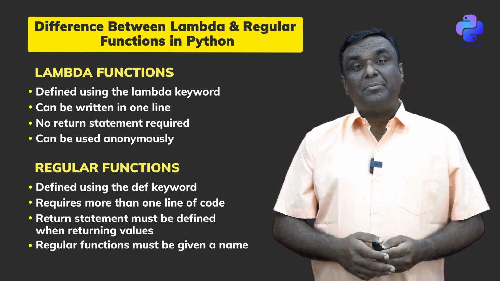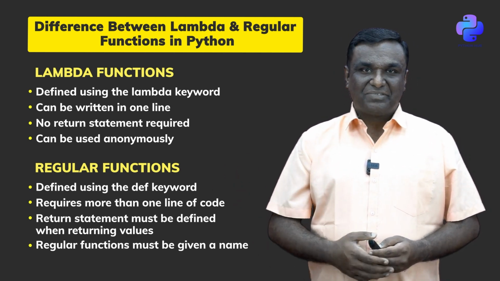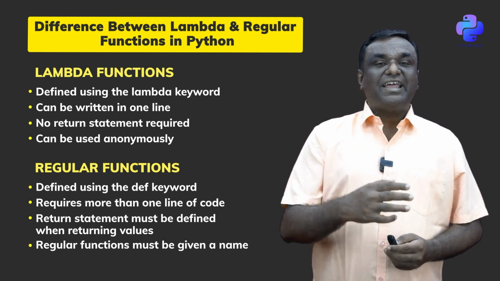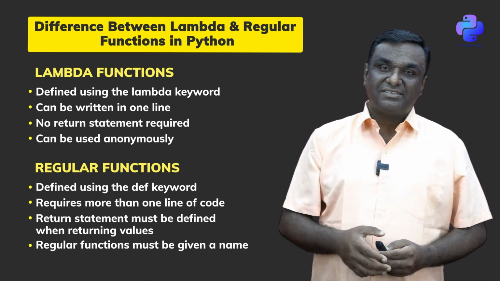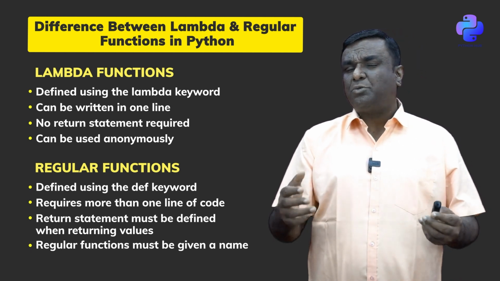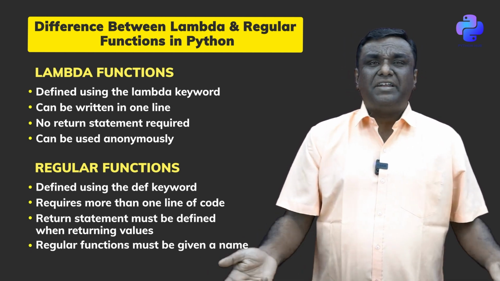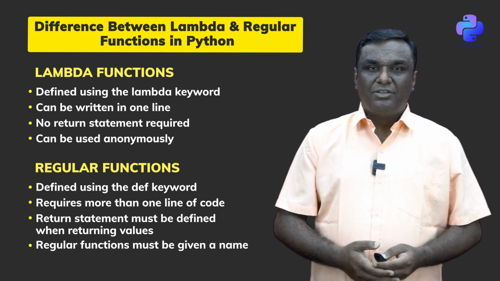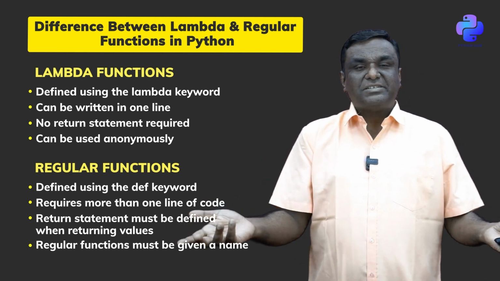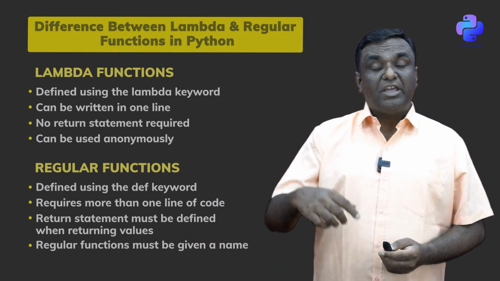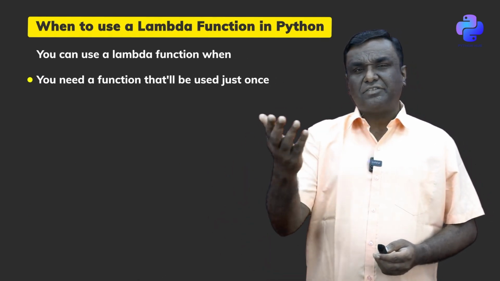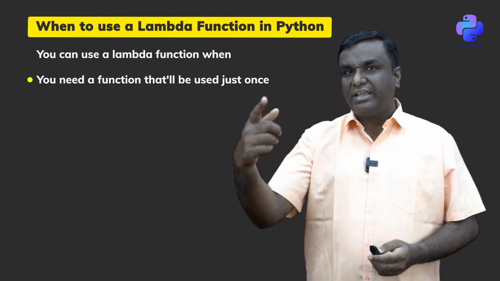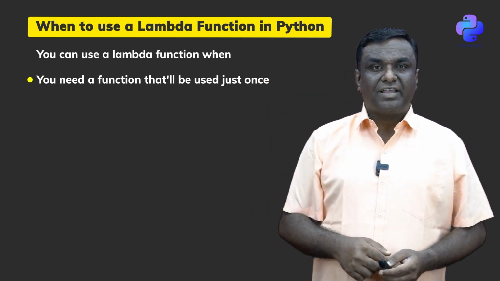So when do you go for Lambda? When do you go for regular functions? You can use a Lambda function when you need a function that will be used just once. When you need a function only once, you don't need to give a name for it. You just use it and the purpose is solved. But when you are going to use some function regularly, as I was telling you, like Celsius to Fahrenheit, you are going to trigger it every time you want to convert Celsius to Fahrenheit.